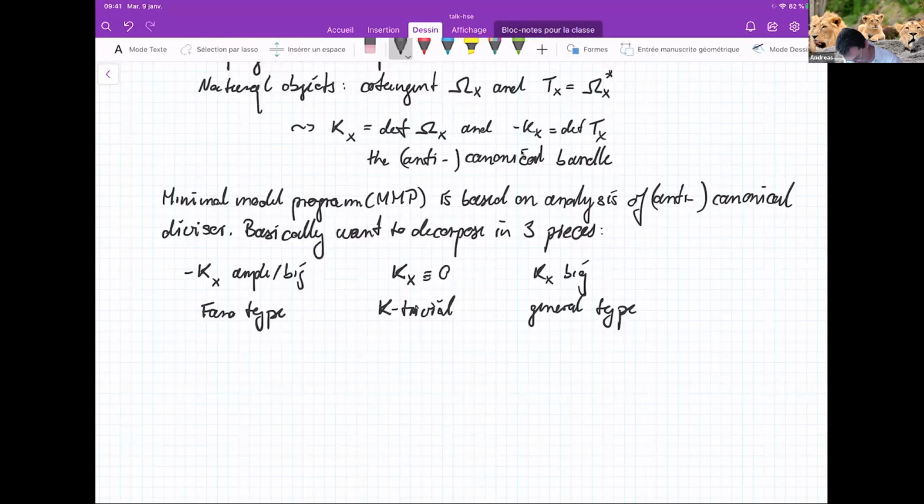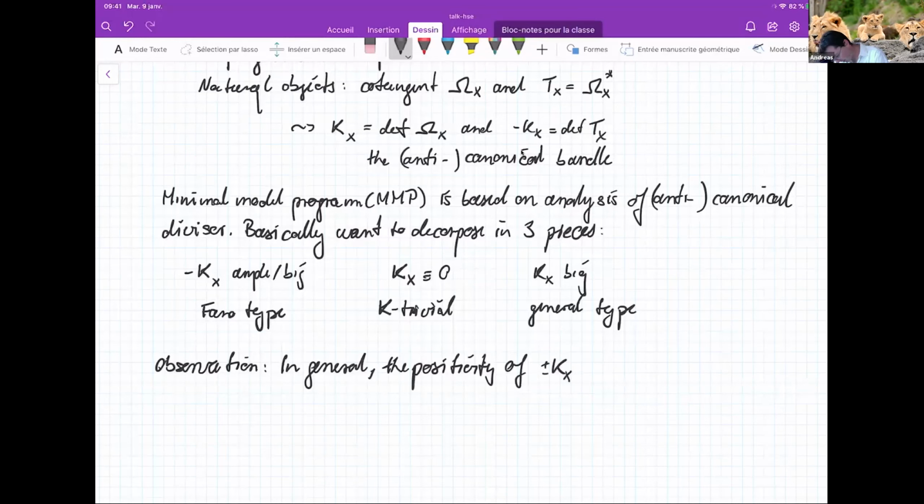So, observation: in general, the positivity of the canonical or the anticanonical does not say a lot about Omega_X, respectively T_X. That's the observation, and let me base this observation on an example.